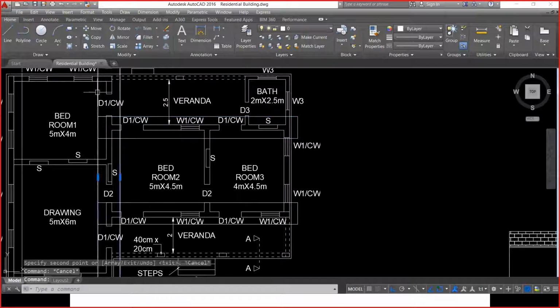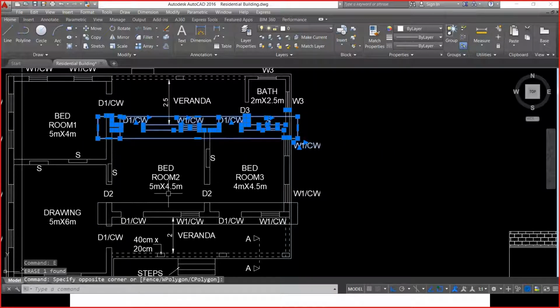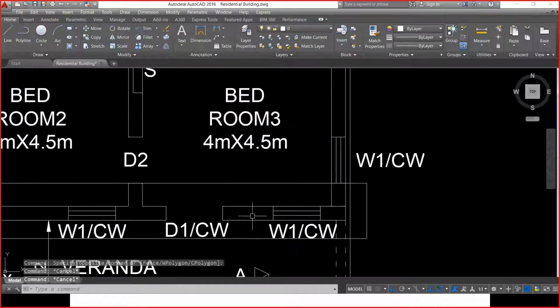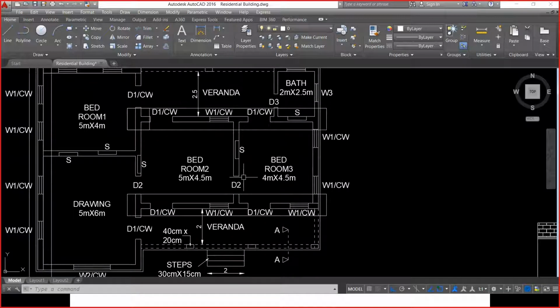Because there are two long walls, as you can observe, this is long wall number 1 and this is long wall number 2. I have done the excavation already. So though this is the thickness of the wall, this is the excavation width, which is of course 0.9 meters greater than the thickness of the wall.